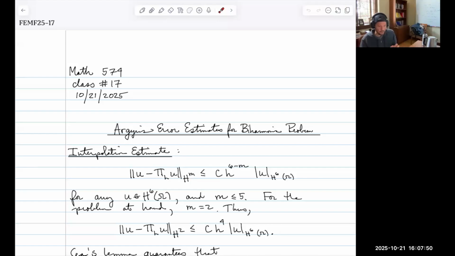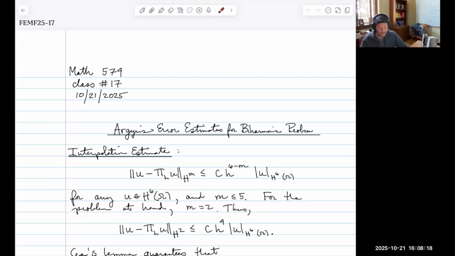That means we could derive a finite element space based on these Argyris elements that was C1 and therefore was a finite dimensional subspace of the Hilbert space H2, which is what we need for the biharmonic problem.